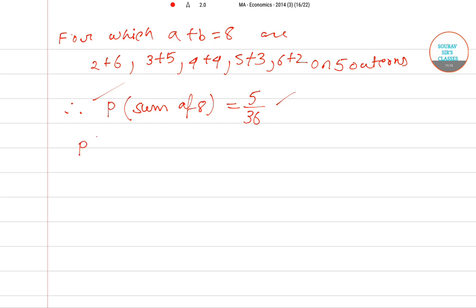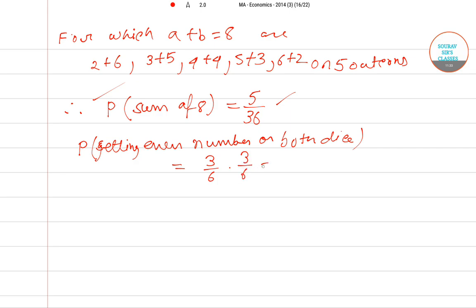Now, the probability of getting an even number on both dice is given by 3 by 6 into 3 by 6, which is 9 by 36. Now how do we find it?